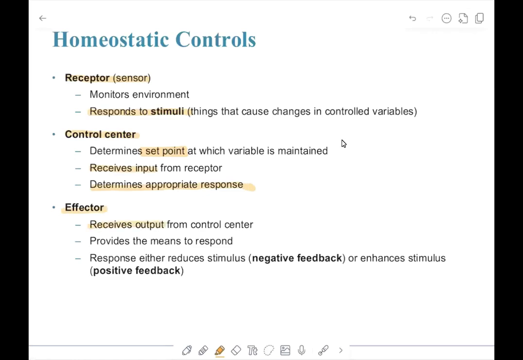And there's two types of feedback systems. There's a negative feedback system or a positive feedback system. Now, when you hear negative feedback system, it basically means that the stimulus is opposite of the response.